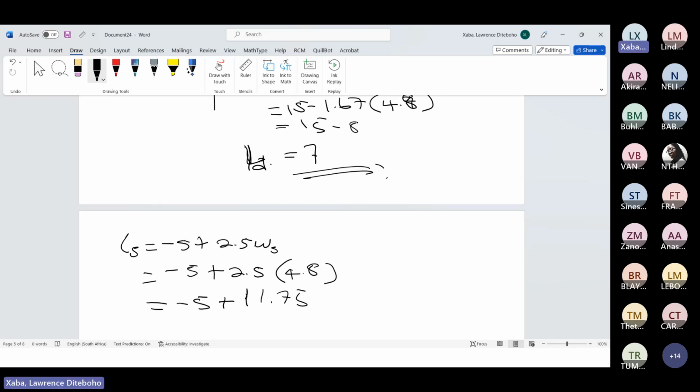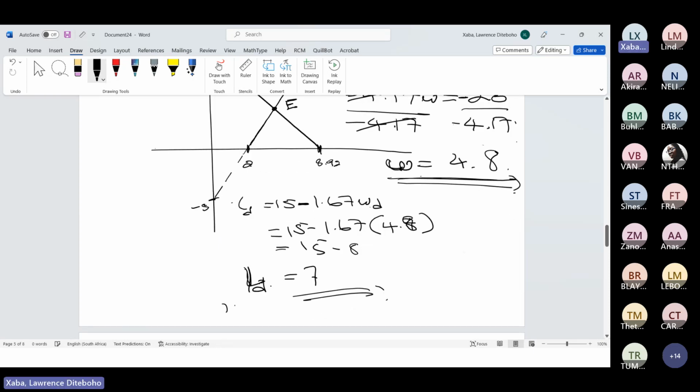Then we have 12 in that case. We have 12. So the difference is the same. We have 7.